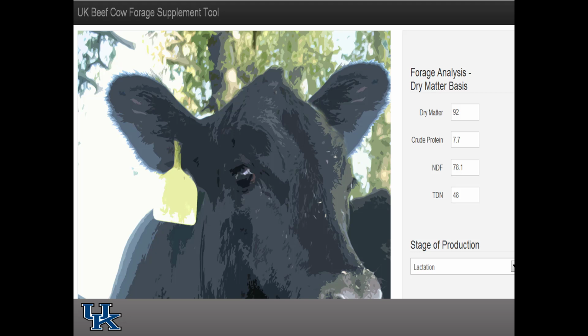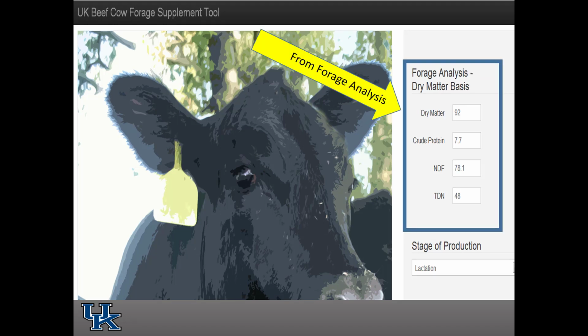To use it, you need to fill out the right-hand side: the dry matter from the forage analysis, the crude protein, the NDF, and the TDN, and then list the stage of lactation. I believe that this model uses a 1,250-pound beef cow as the standard animal to feed. So let's take a look at a couple of these.